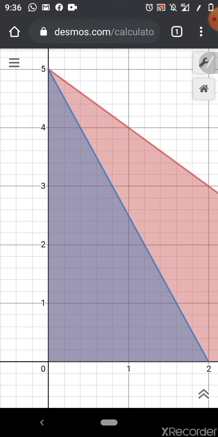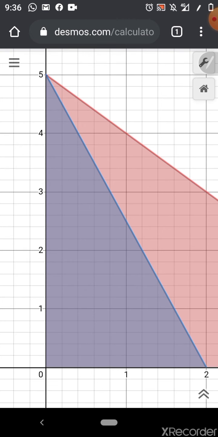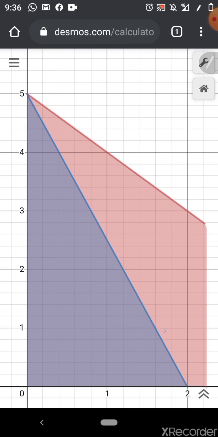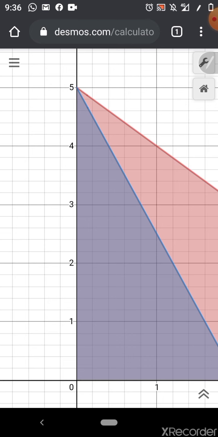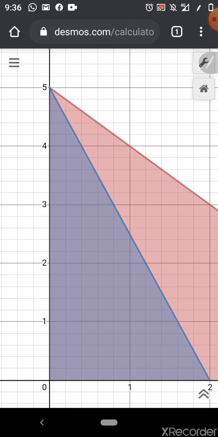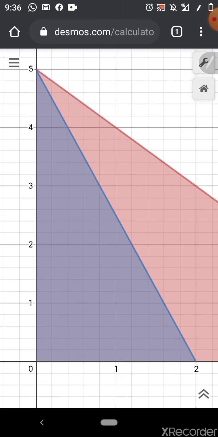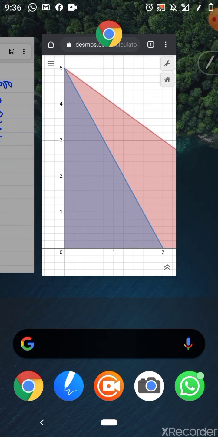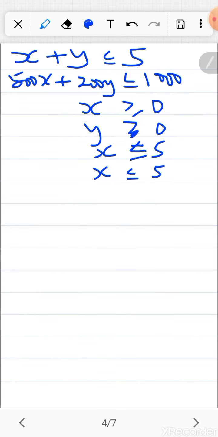So now I know all the solutions to this optimization problem. I can just read off the coordinate points. I hope you can see my cursor. I go to each of the points and read them off and put them in a table, and those are going to be the solutions to this problem.